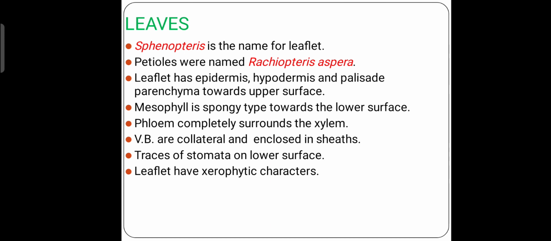Mesophyll tissue is spongy towards the lower surface. Phloem completely surrounds the xylem, and vascular bundles are collateral, as we have mentioned in the previous point, and they are enclosed in a sheath. There are traces of stomata on the lower surface, and the leaflet has typical xerophytic characters.